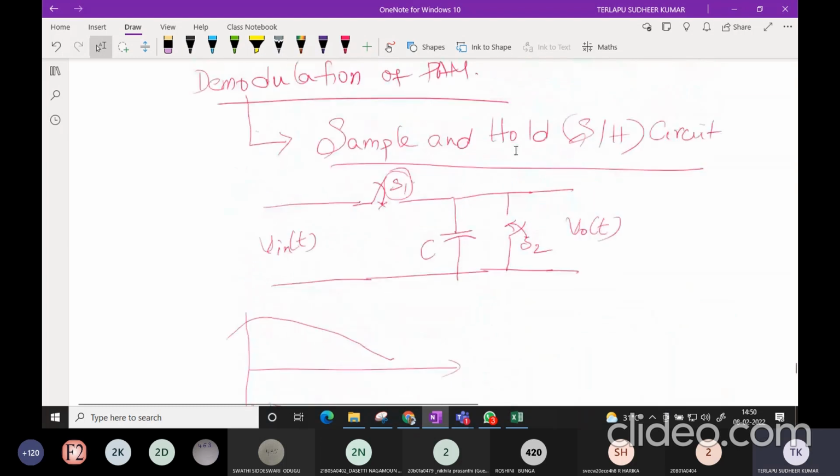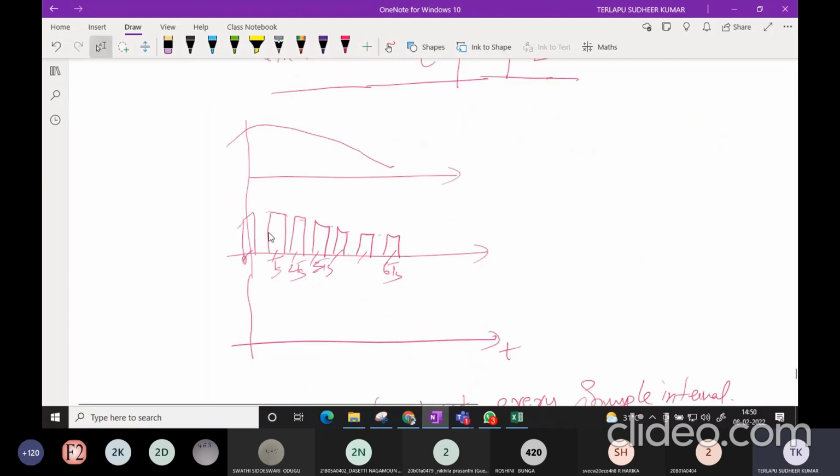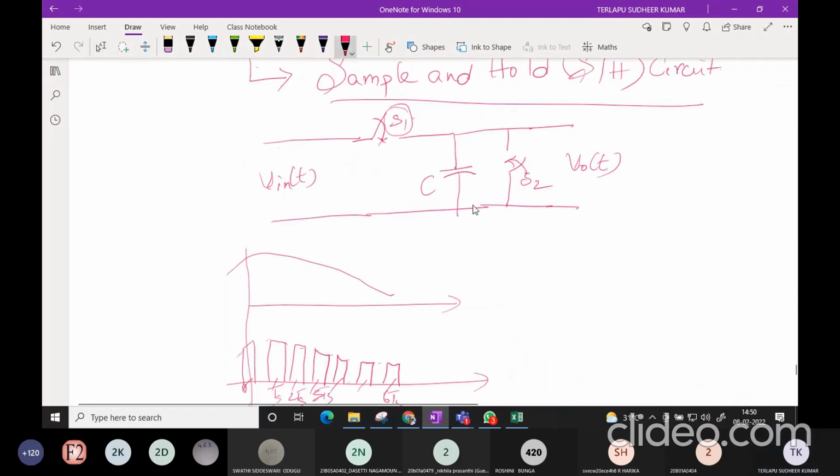When switch S1 is closed, whatever the input signal I have, to that value my capacitor is going to be charged, because my S2 is already open.